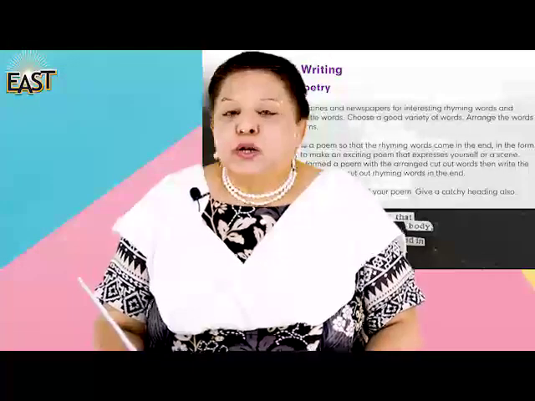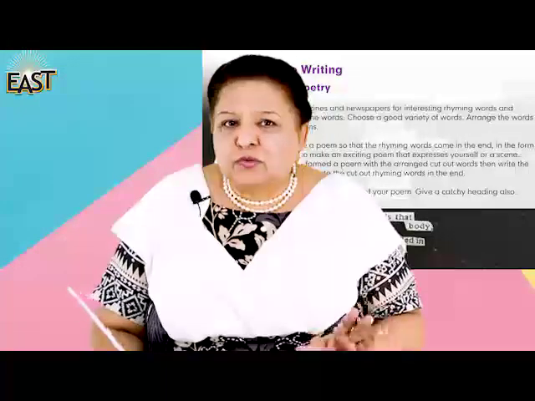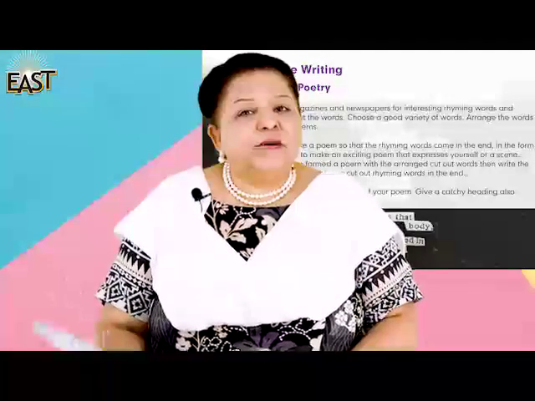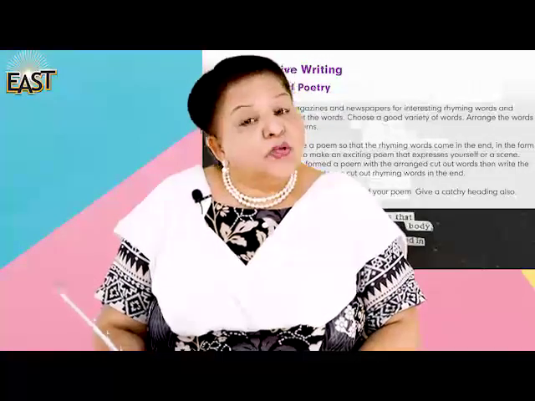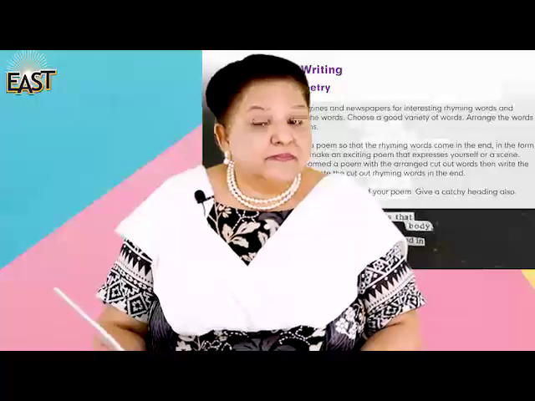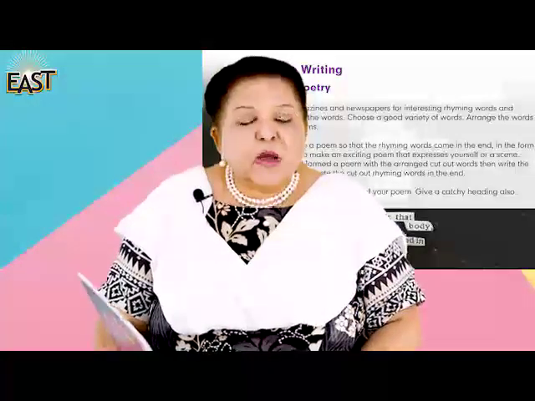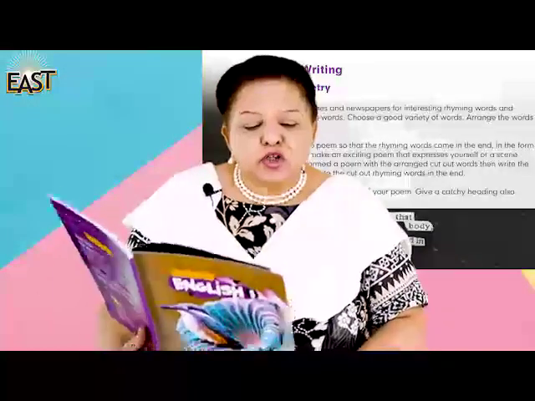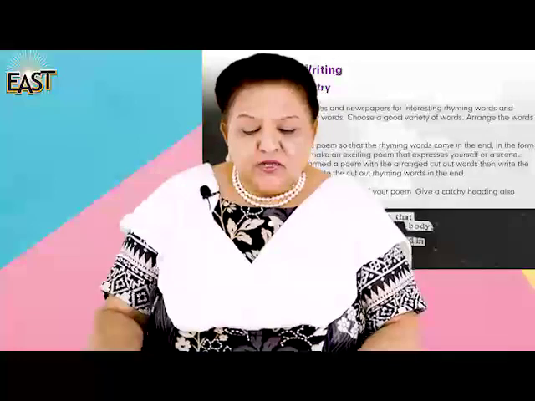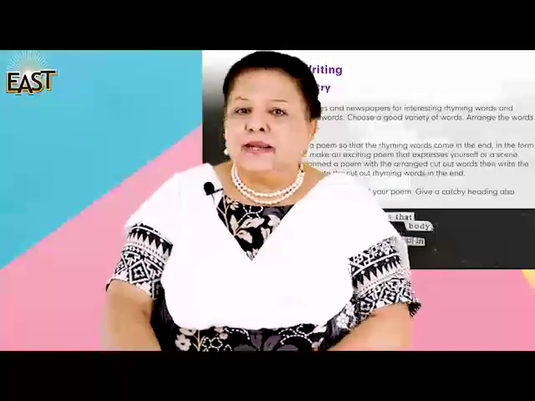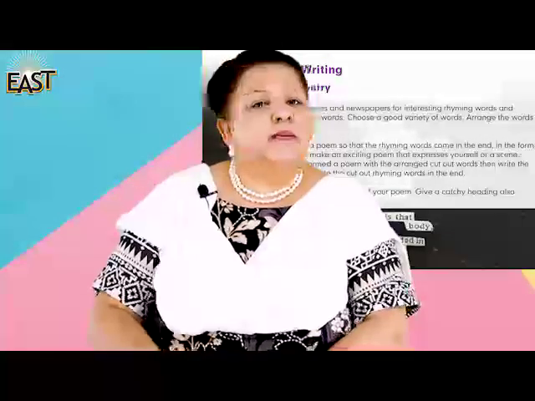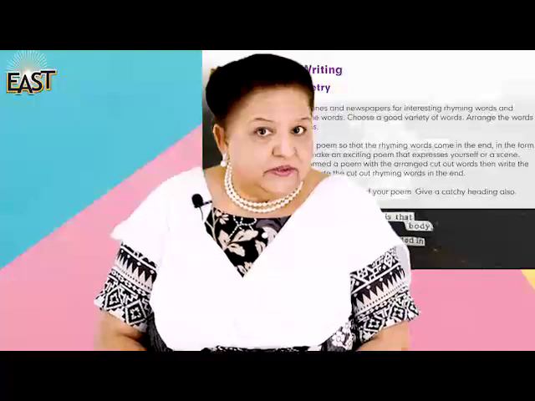So look at the newspapers, try and find words which have rhyming words. Cut them out. When you've cut them out, try and put them together. Now you can choose many different words.